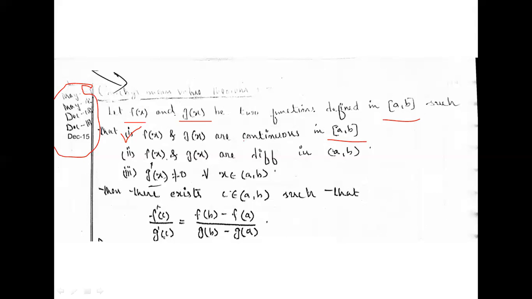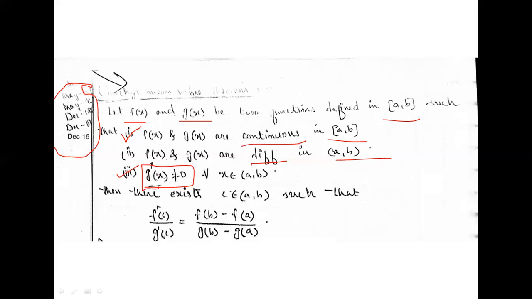Number two, f of x and g of x are differentiable in the open interval a comma b. Now for the third condition: the differentiation of g of x is g dash of x, and g dash of x should not be equal to 0.